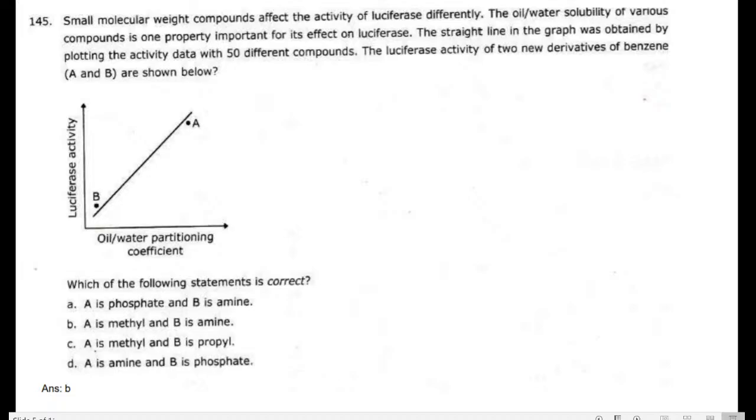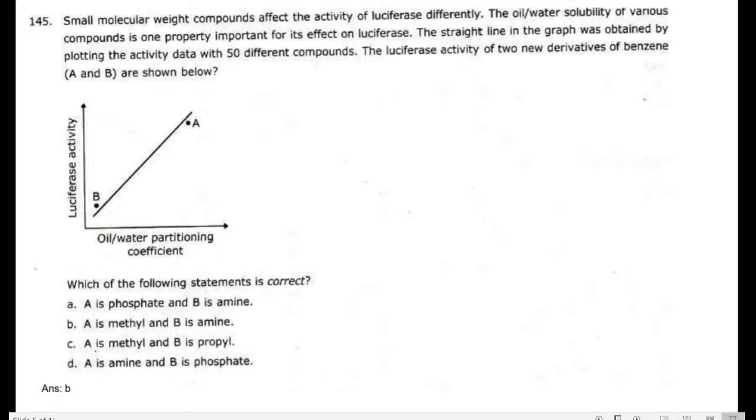The luciferase activity of two new derivatives of benzene. Note the word benzene. Two derivatives means they are adding some extra compounds, molecules, or atoms to the functional group of benzene.